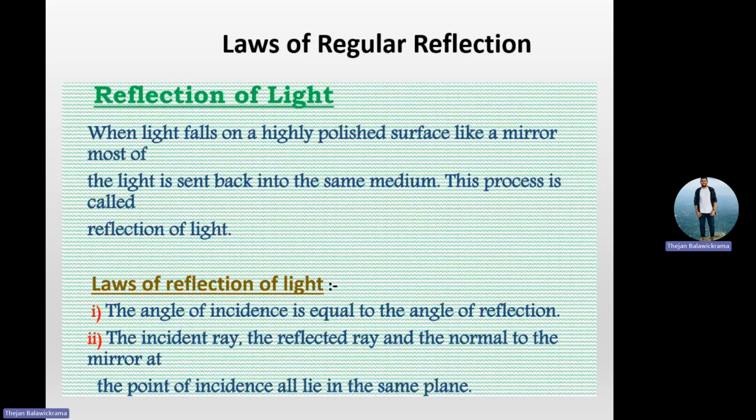When light falls on a highly polished surface, like a mirror, most of the light is sent back into the same medium. This process is called reflection of light. For the exam, I can ask: write the two laws of reflection of light.